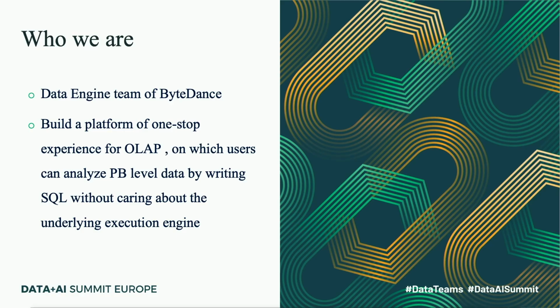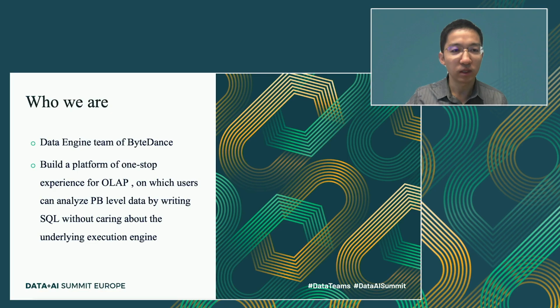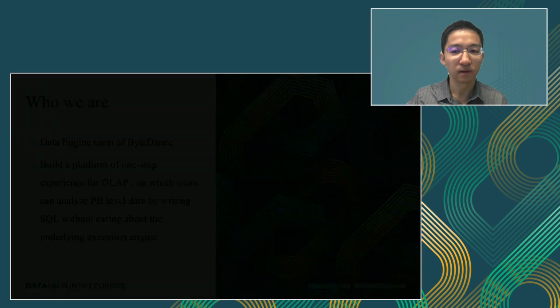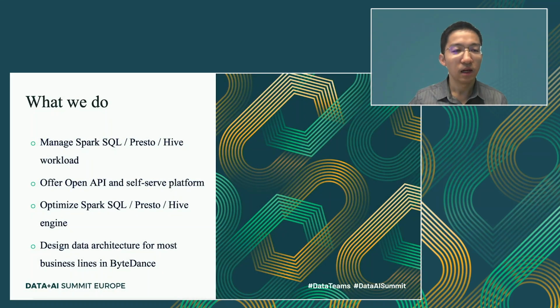We are the data engine team of Bytedance. We build a one-stop platform for OLAP queries and also for ETL pipelines, on which users can analyze PB-level data by writing SQLs without caring about the underlying execution engines. And what do we do?